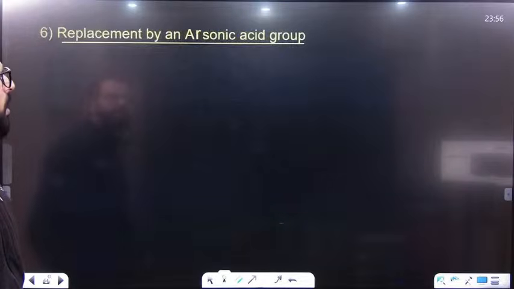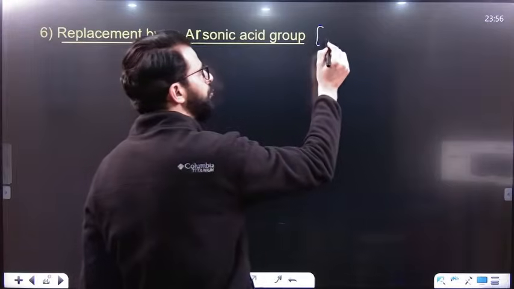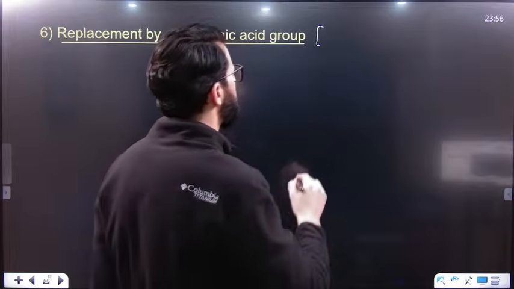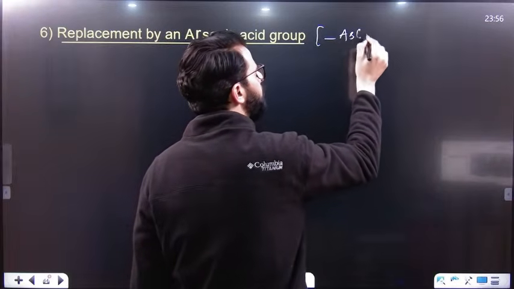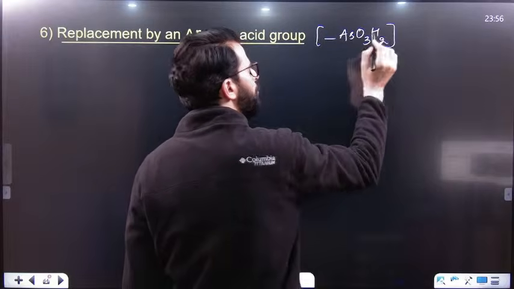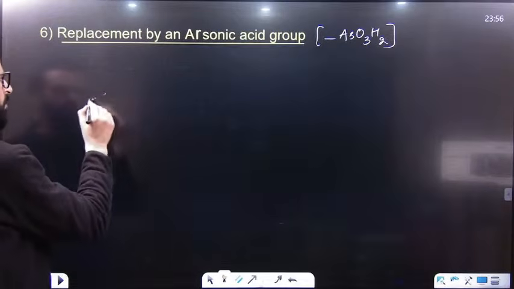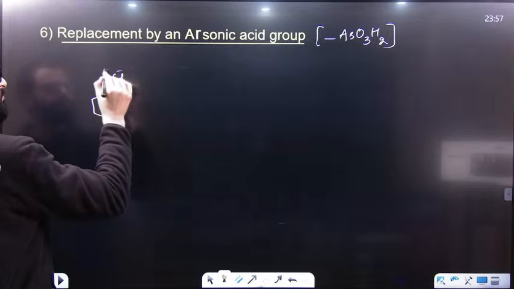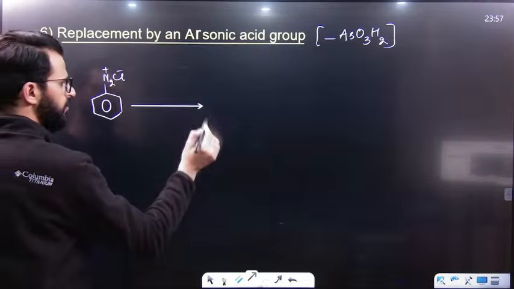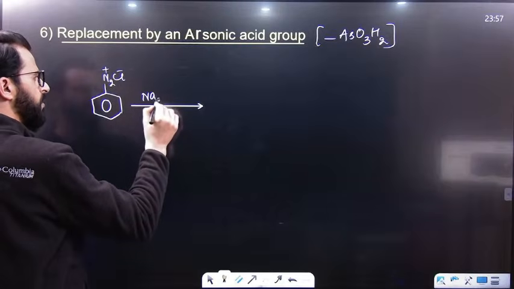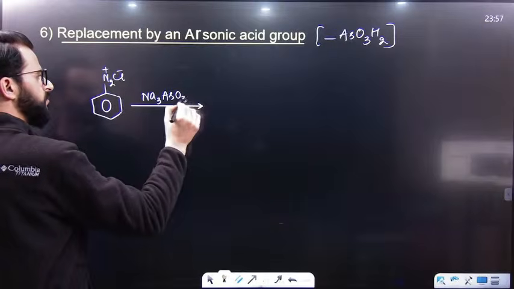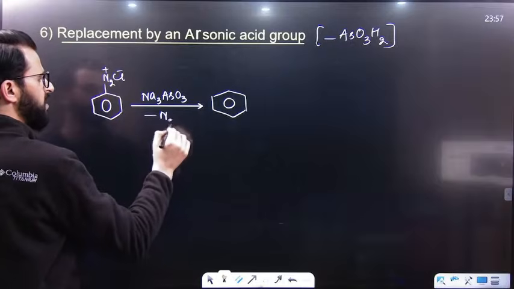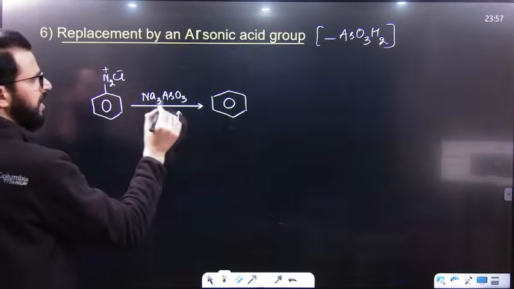Then next is arsenic acid group. What is arsenic acid group? COOH is known as carboxylic acid group, SO3H is known as sulfonic acid group, AsO3H2 is known as arsenic acid group. Have a look. When you are having benzene diazonium chloride, and if we treat this with Na3AsO3, first of all, it will replace this N2, but Na positive and Cl minus will form NaCl.